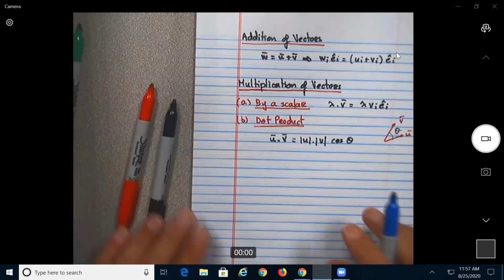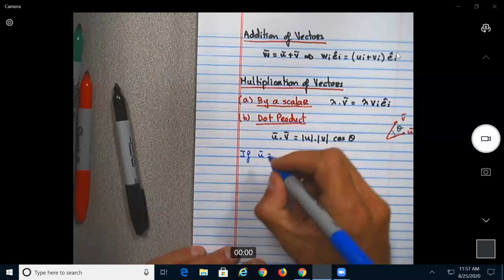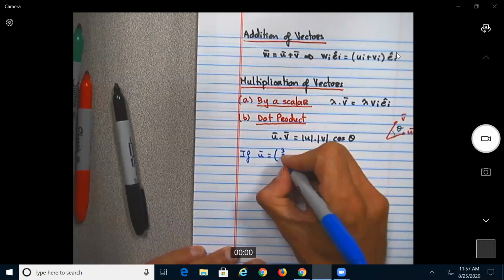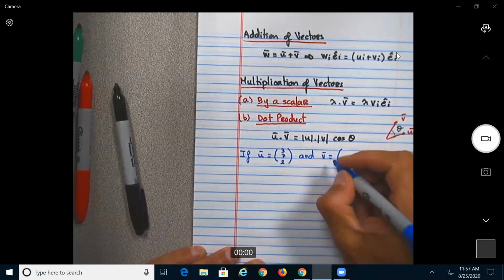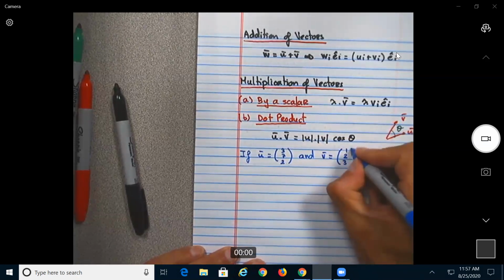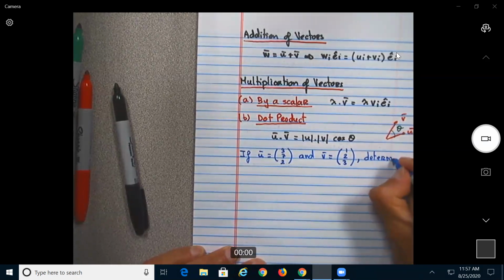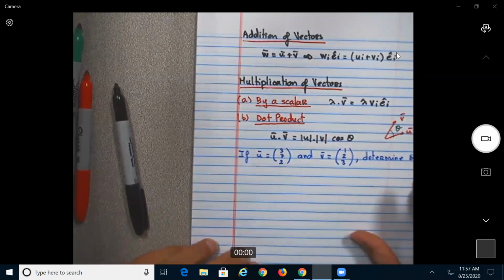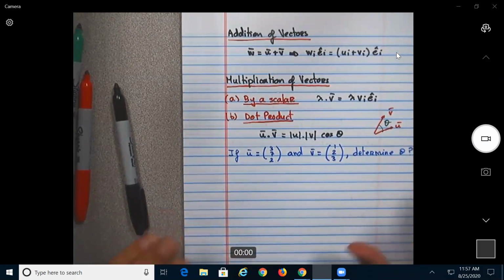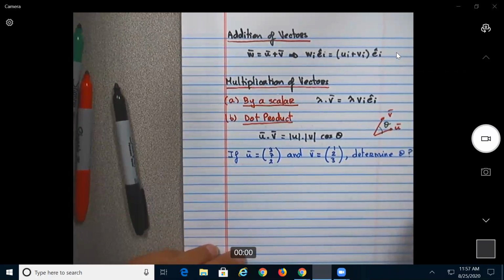But let's just try to do a quick example. So if U is equal to (3, 7, 2), and V equal to (1, 2, 3), determine the angle theta between them. I mean, this is very simple again. But we start simple, and everything gets complicated exponentially, okay? Pretty quick. So over here, we use the definition.